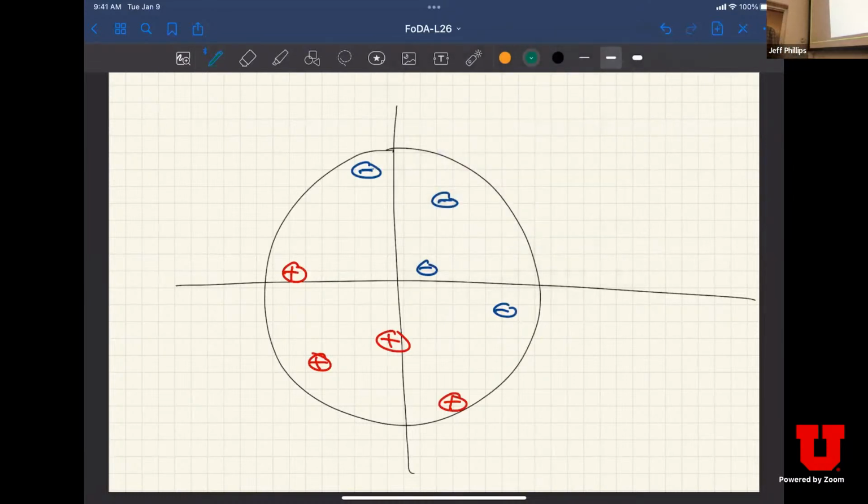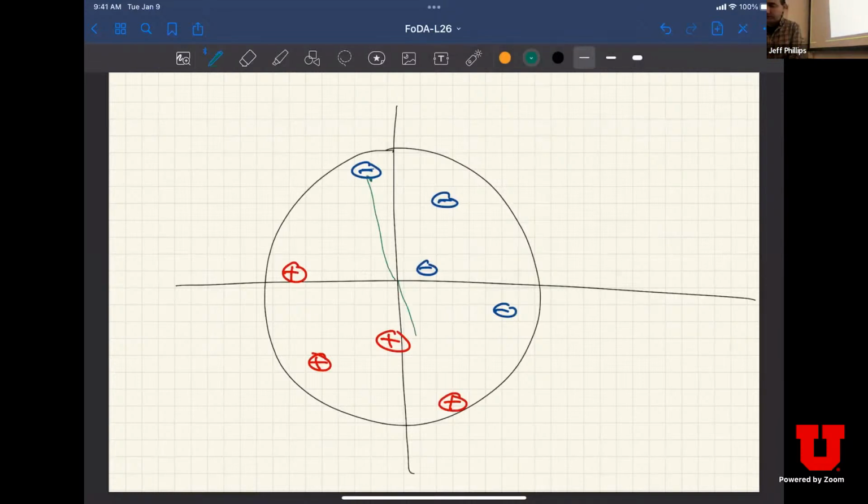This is the data. And I'm going to start with an unlucky choice of which point to start with as my W. If I pick this lower left red point, I could probably stop right away, but let's say I picked this point as W. Since it's negative, I'm going to take the negative of that vector.